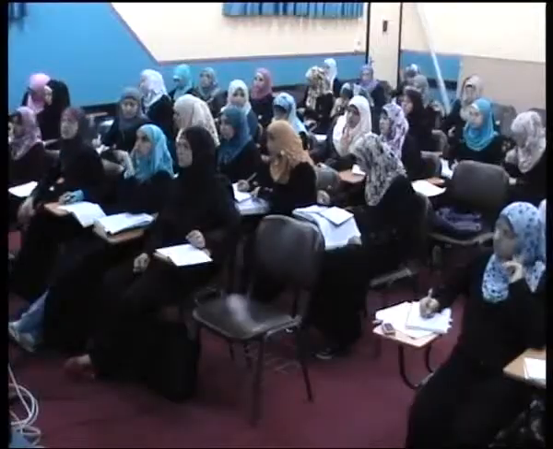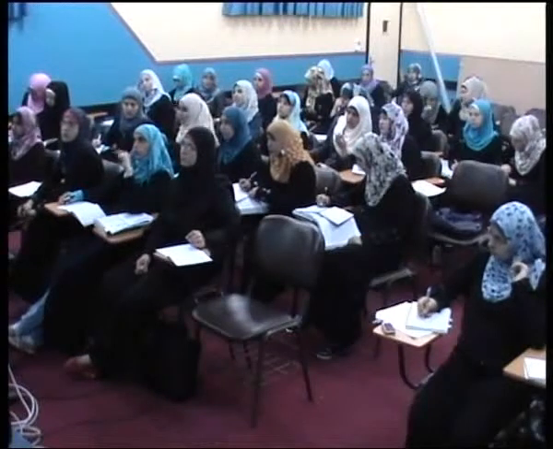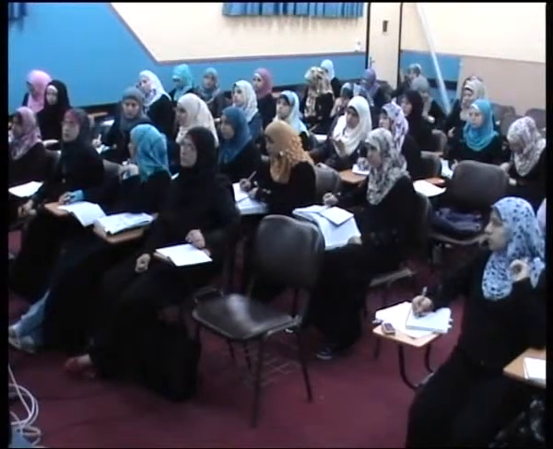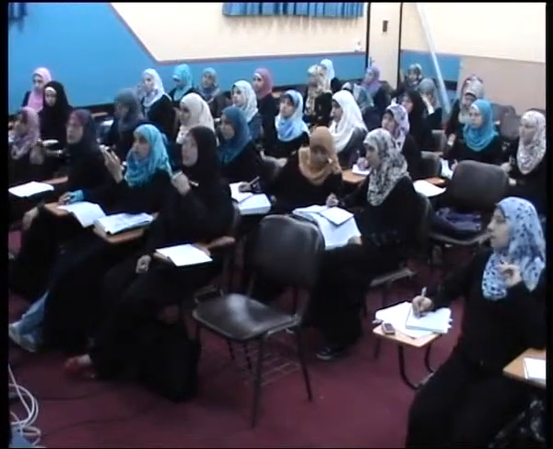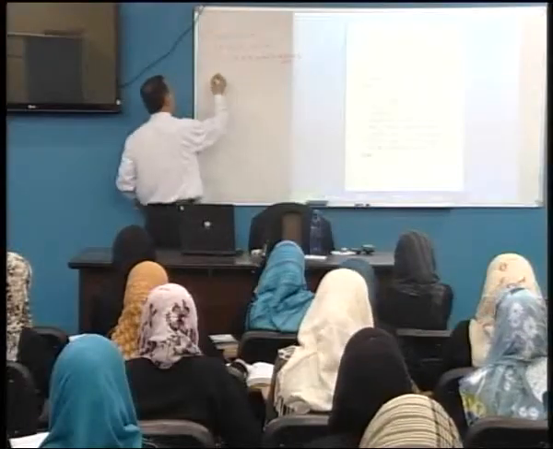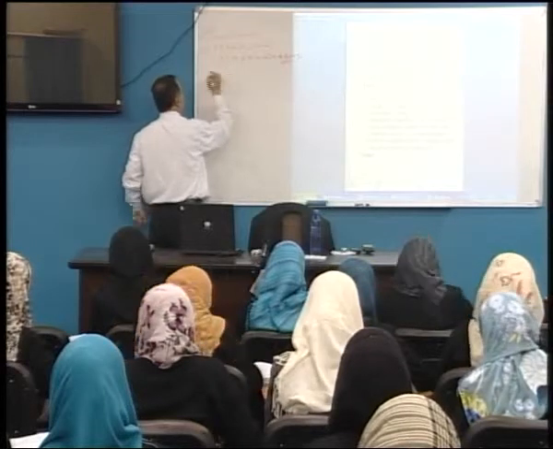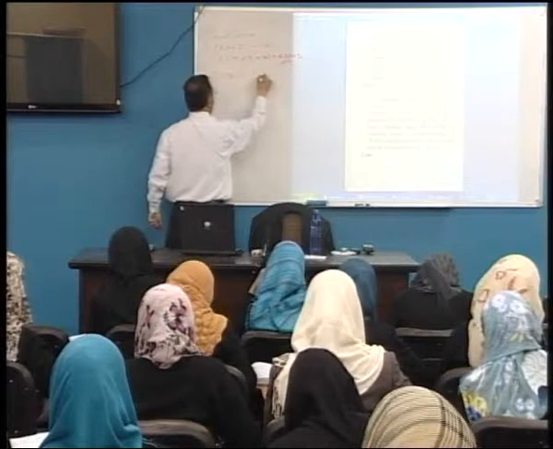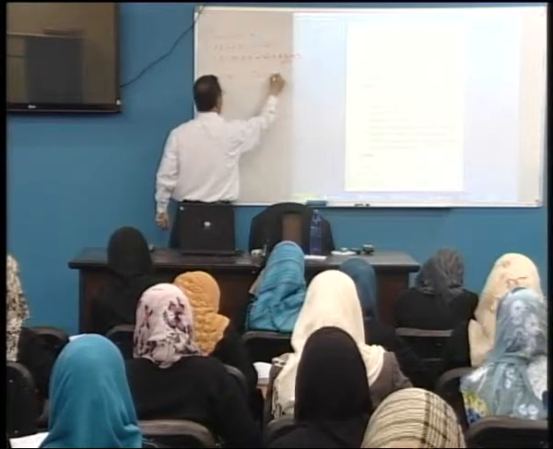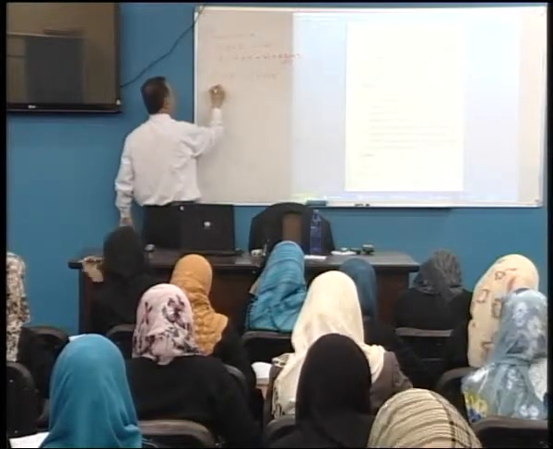Mu minus 3 standard deviations, plus 3 standard deviations. It says 68.1, so it's mu minus 1 standard deviation, 1 sigma of X bar, and let's look at mu plus 1 sigma of X bar. Mu is 15.